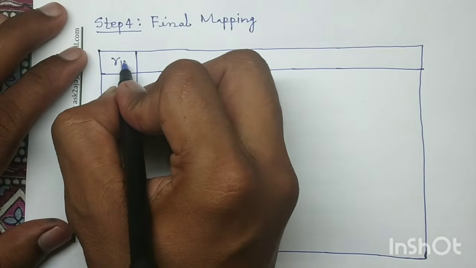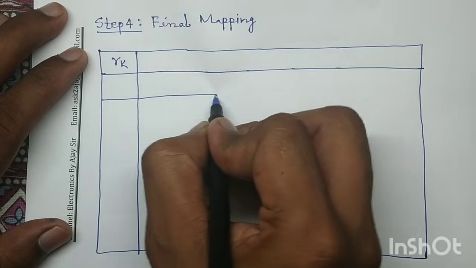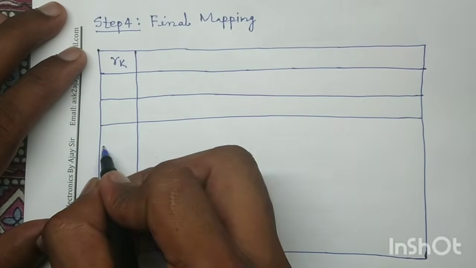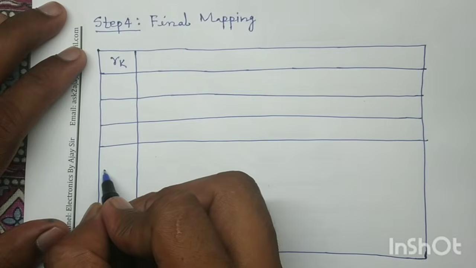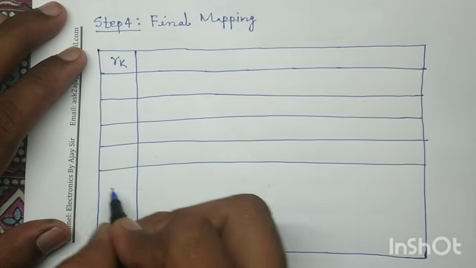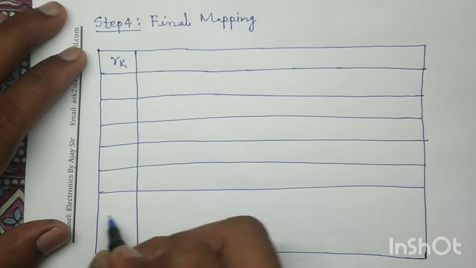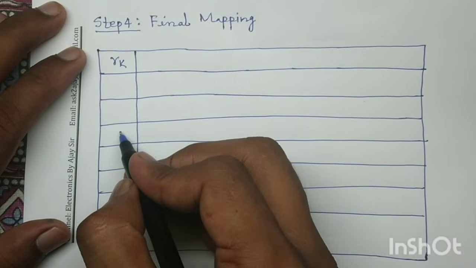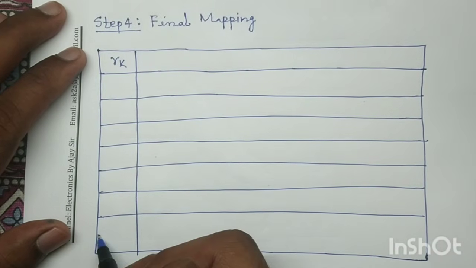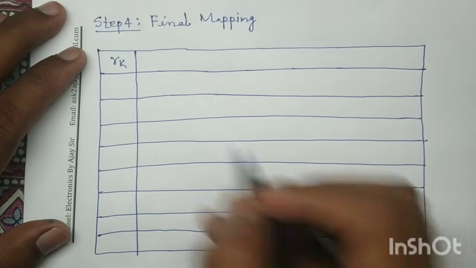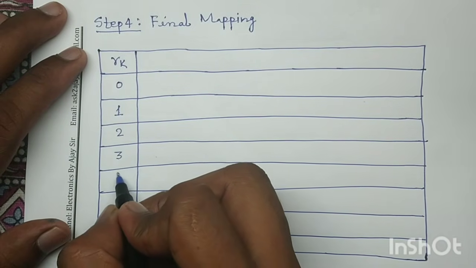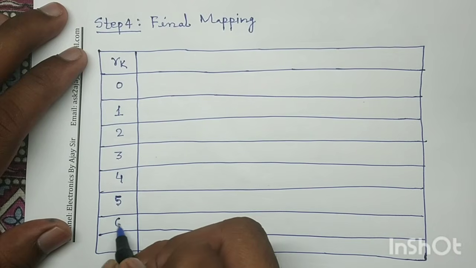In the first column we will mention RK: 0, 1, 2, 3, 4, 5, 6, 7.